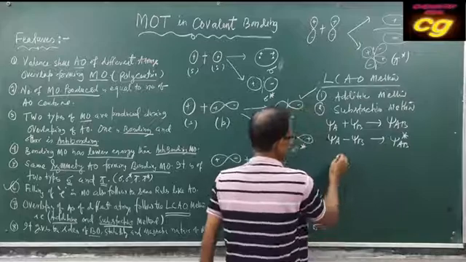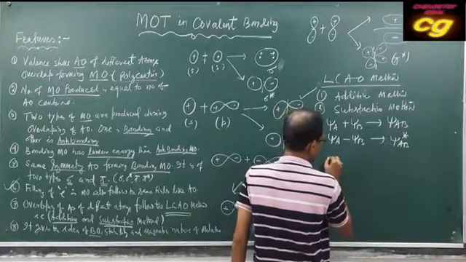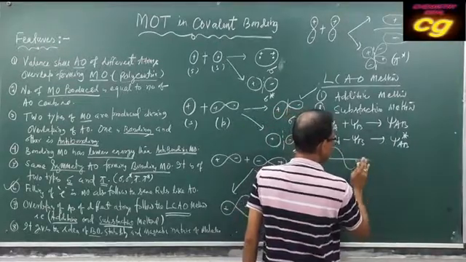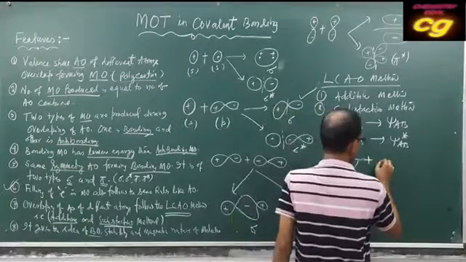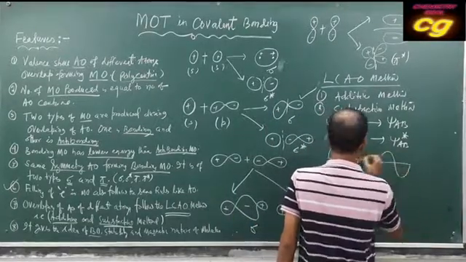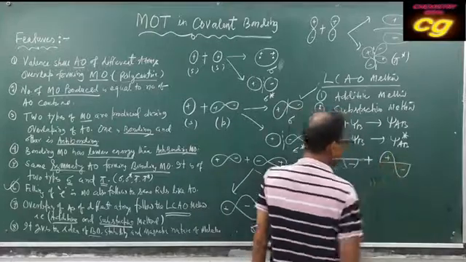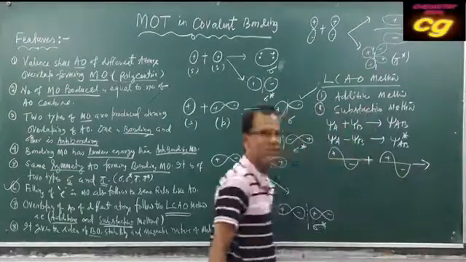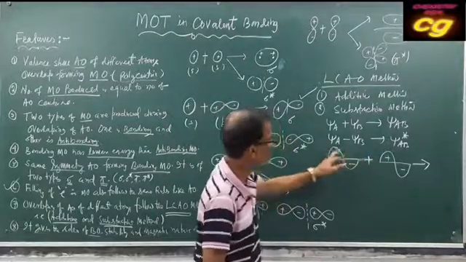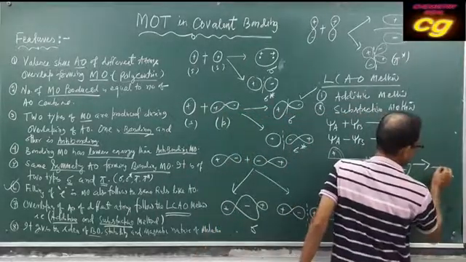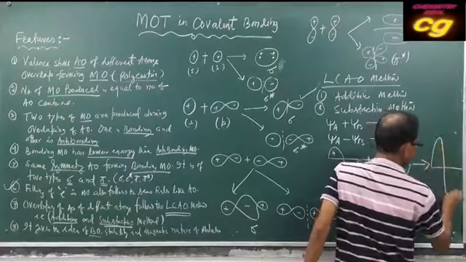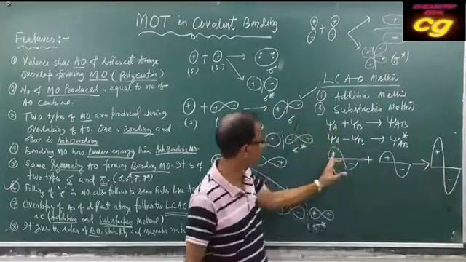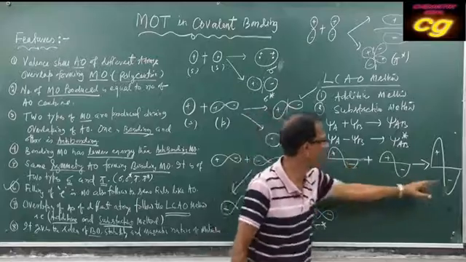For example, when this orbital mixes with another orbital, plus with minus, as they are both of the same symmetry, the overlapping region will be more because plus combines with plus and minus combines with minus.